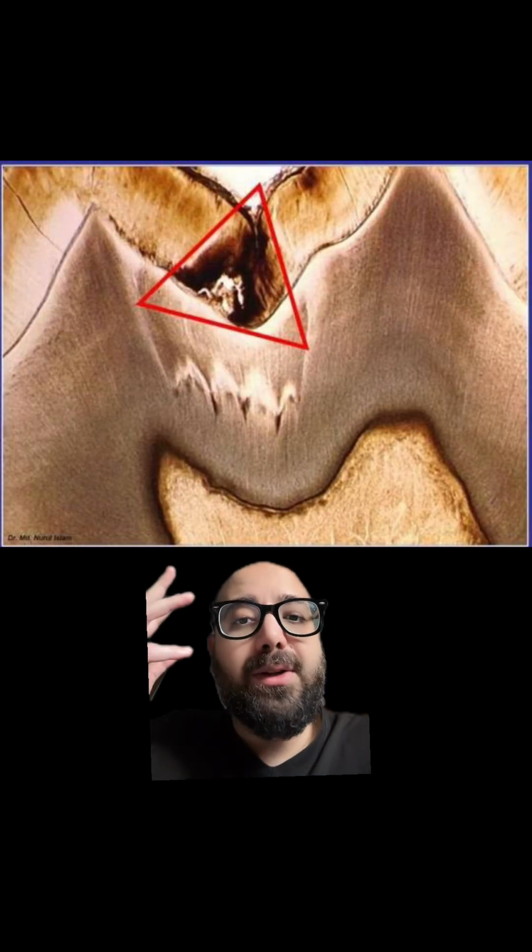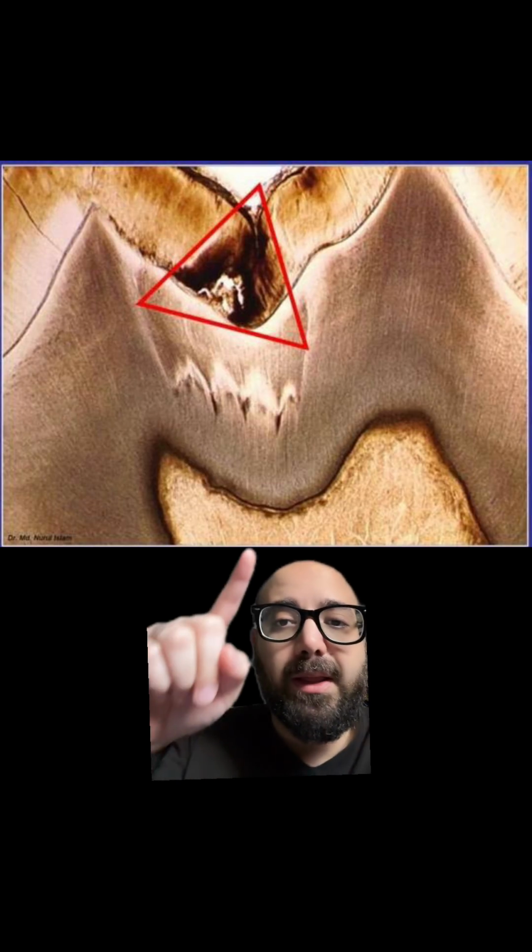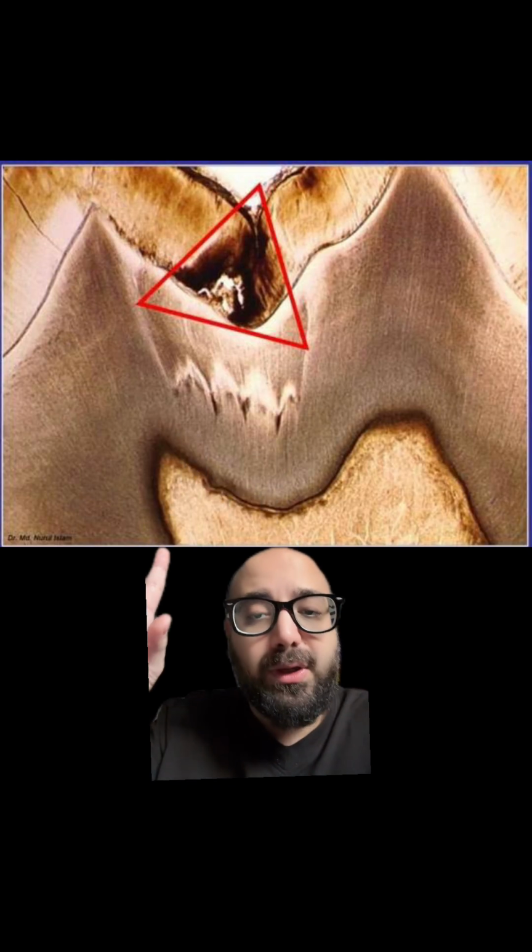This is how it changes when the cavity invades. You can see at the bottom right here that the dentinal tubule architecture has actually changed because of the invading cavity right on top, you can see in the triangle.